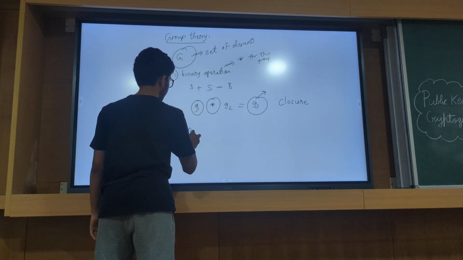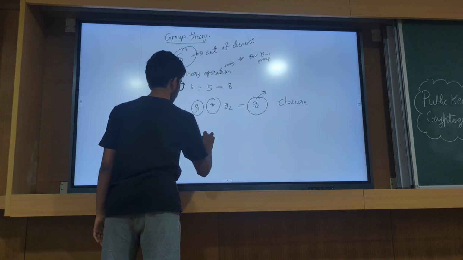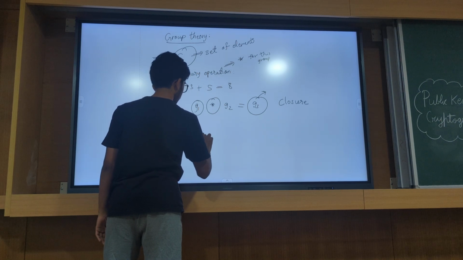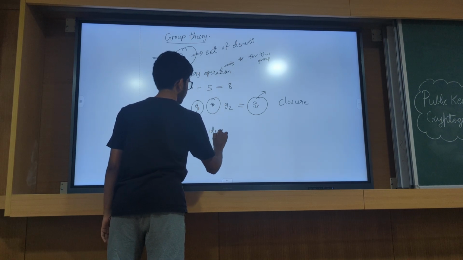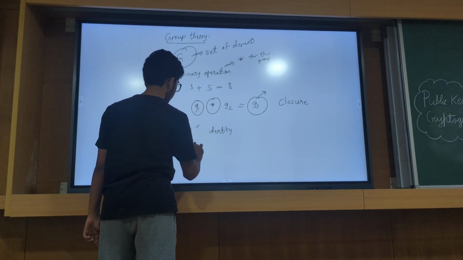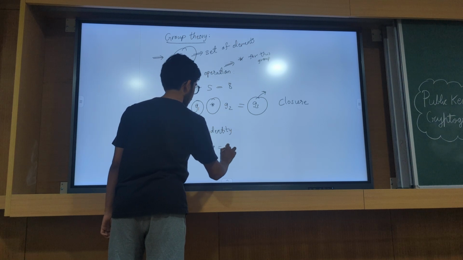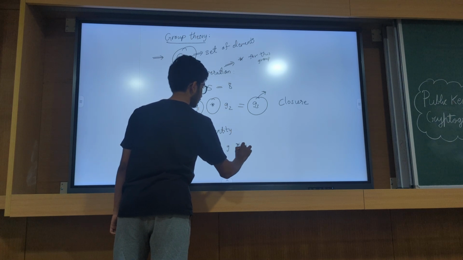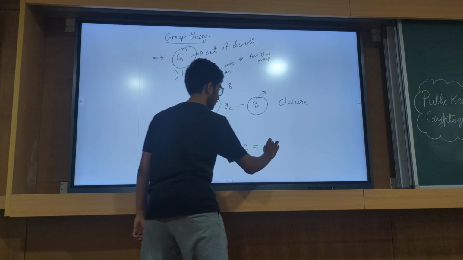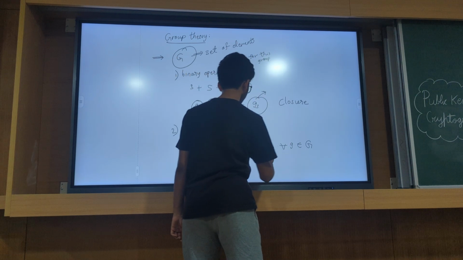I will call it identity E. I am just naming that element as identity. That element satisfies the property that E star G equals G star E equals G for all G in the set of elements capital G.